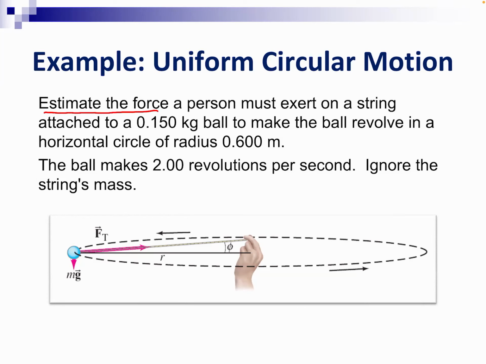Estimate the force, how much you should pull on the string in order for a 0.150 kilogram ball to revolve in a horizontal circle of radius 0.6 meters. The ball makes 2 revolutions per second. We can ignore the string's mass, meaning we don't have to consider the weight force of the string.